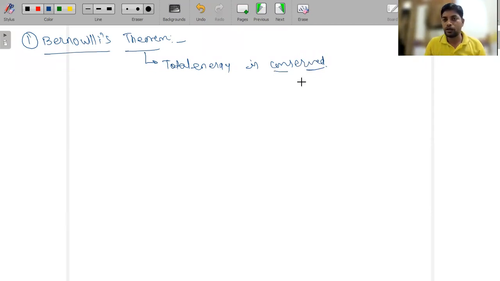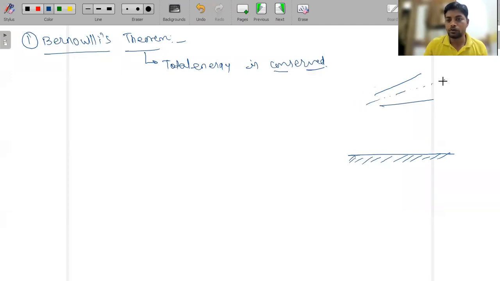Now, how many energies are affiliated with the fluid? I'm considering a passage like this, which is at some height or elevation from the datum level. This is the center line.